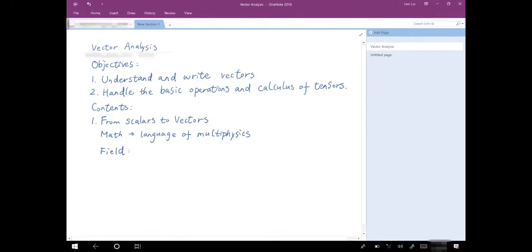For the definition of fields, we know that there are two things. First, we need to have a state variable. And second, we need to have spatial coordinates.